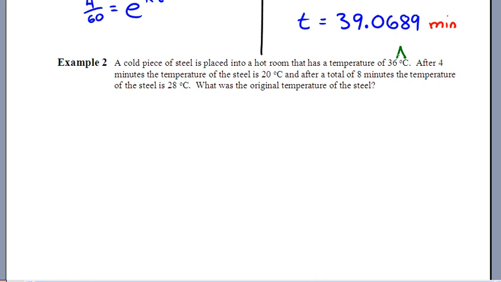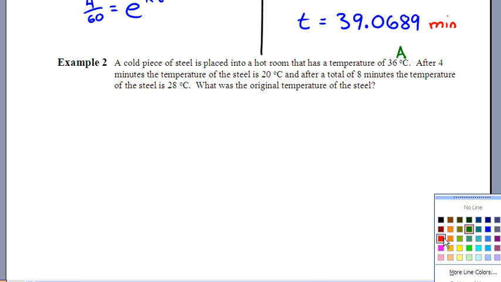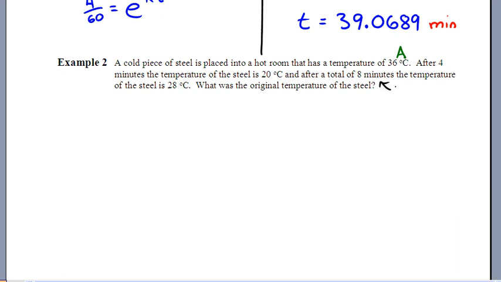That's the A right there. We're eventually heading for 36. They don't tell you what its temperature was right away, but they do say after 4 minutes, the temperature has risen up to 20. So it was colder than that. And then after a total of 8 minutes, in other words, kind of playing with the words here, okay, 4 more minutes.